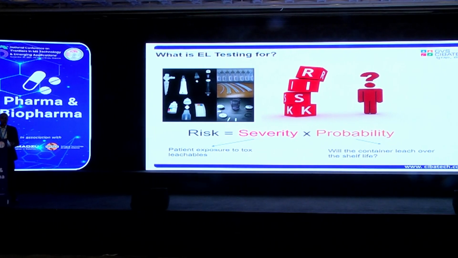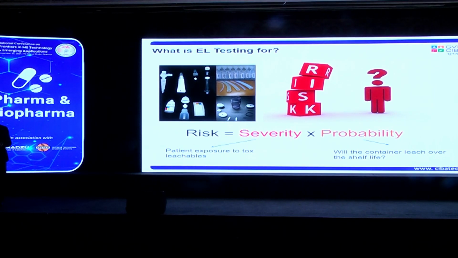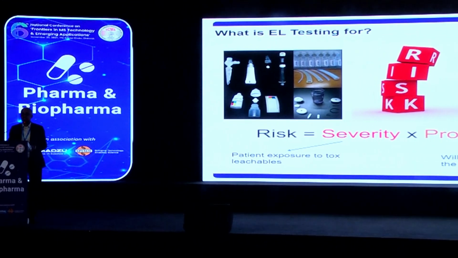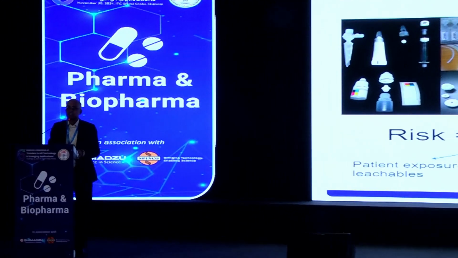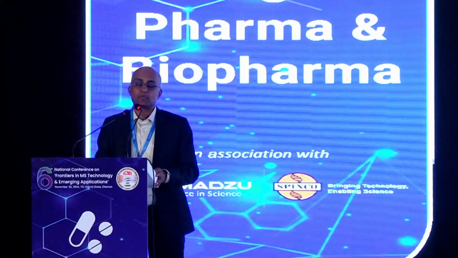For an extractables and leachables study, the severity is whether that compound is toxicologically relevant as far as the patient is concerned. The second thing is probability: during the shelf life of the product, will this chemical entity or compound actually show up in the drug product? So in a lot of ways, it is similar to nitrosamine testing and risk assessment.